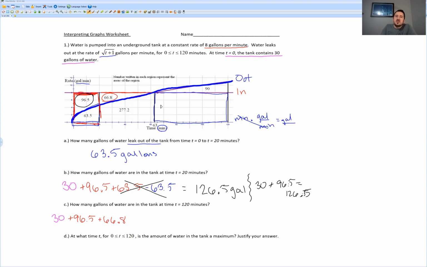After time 63, my out function, the rate at which I was leaking water, is larger than the in function. So I know that from 63 to 120, there's going to be a net loss, and it's going to be a loss of 90.